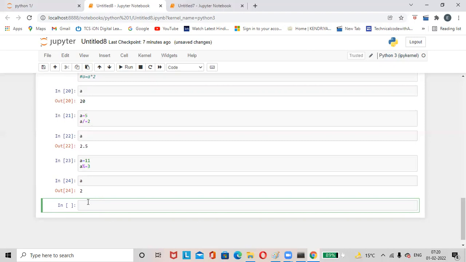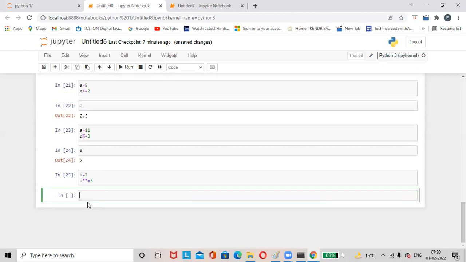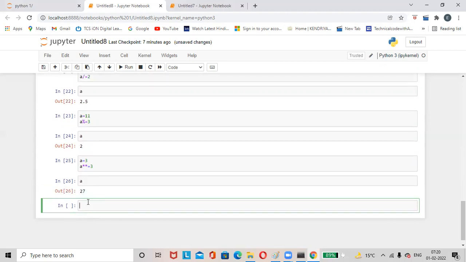So the remainder will be 2. Okay. Then we'll check with exponent. A equals 3. A exponent equals 3. So what will be the output? 3 power 3 is 27. 3 3s are 9, 9 3s are 27. Okay. Assignment operators are completed.